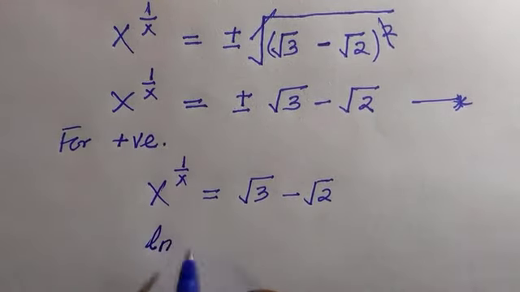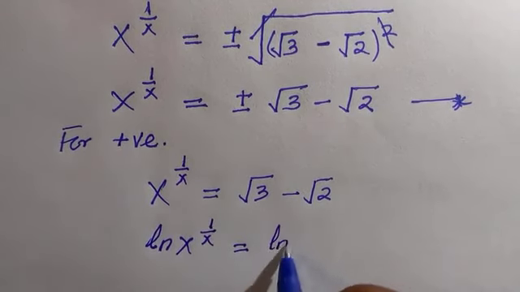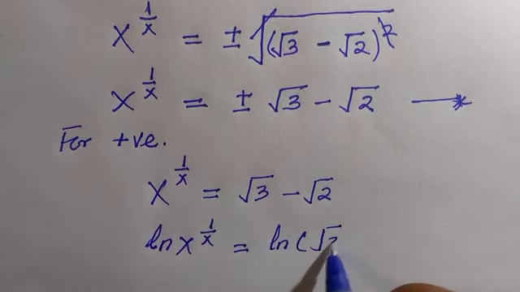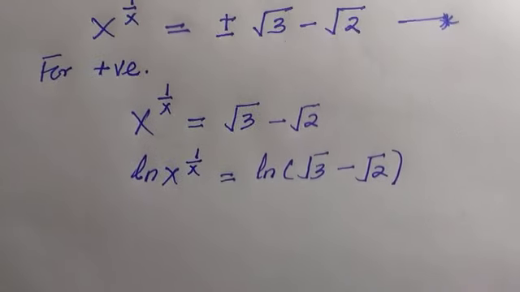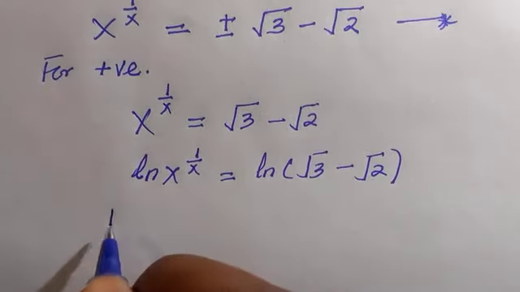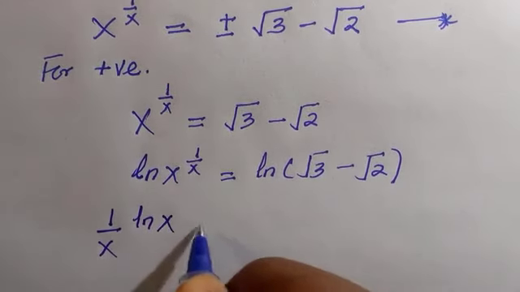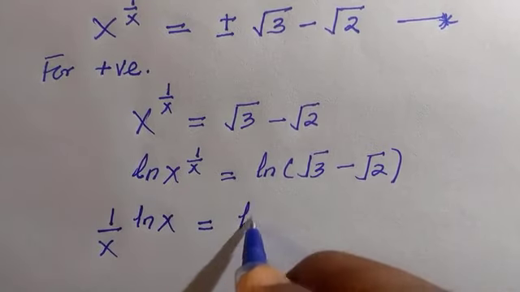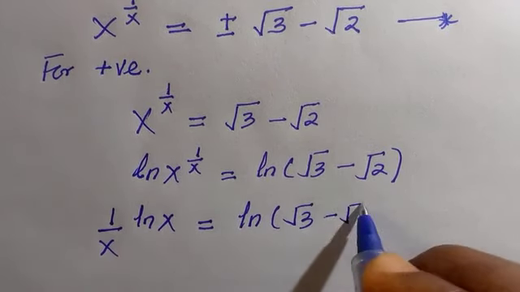So we are going to introduce ln to both sides. The reason is to take the power down. So I will have ln of root 3 minus root 2. And if 1 over x comes down according to the rules, we have 1 over x ln of x equals ln of root 3 minus root 2.